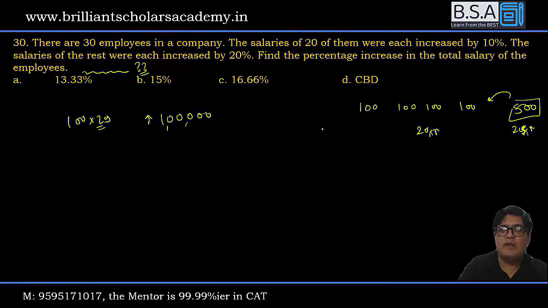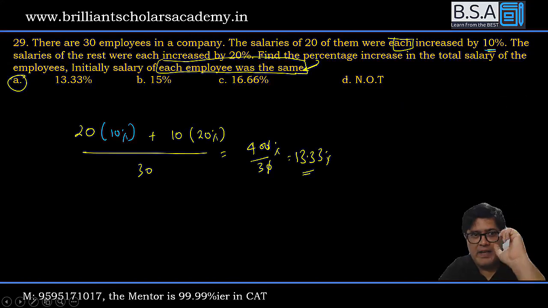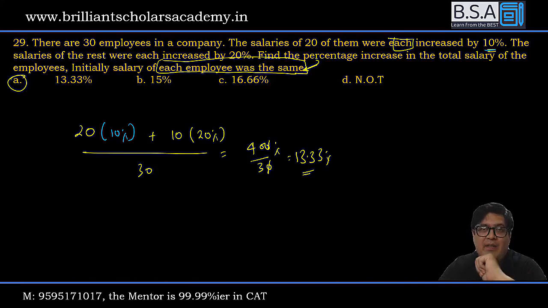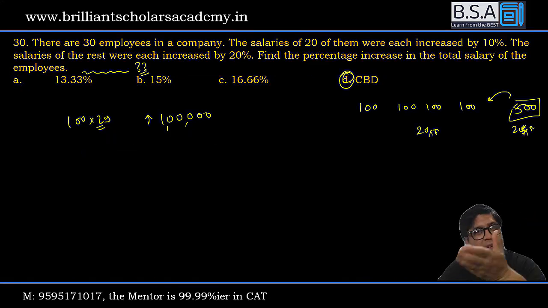In the previous question, सबका सैलरी बराबर था, everybody had same salary. That is why I can apply averages. शुरू का सैलरी, अभी क्या है, people can have different salaries. अभी आप overall average नहीं निकाल सकते, आपको सबका सैलरी लगेगा. You cannot find overall average. CBD.